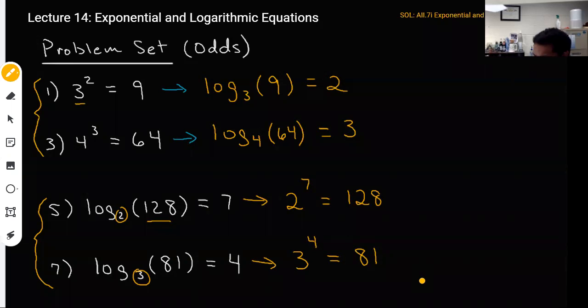Okay. Let's try some classwork problems. We're going to be trying the evens. Okay, so go ahead and try these two first.